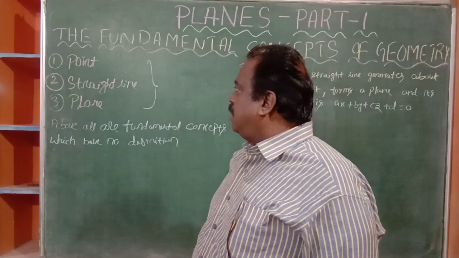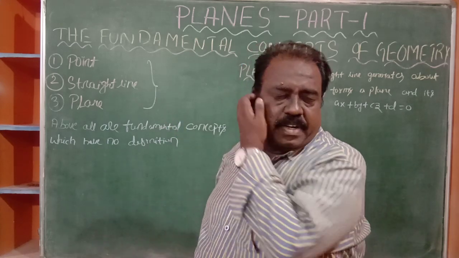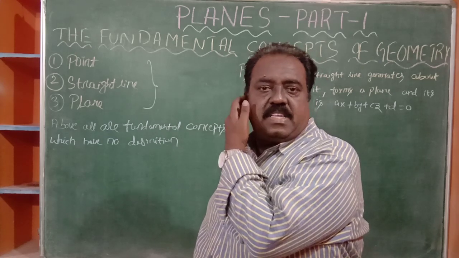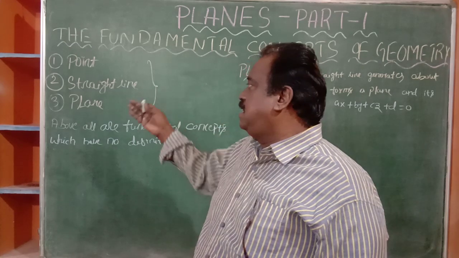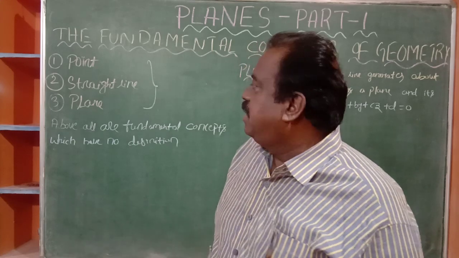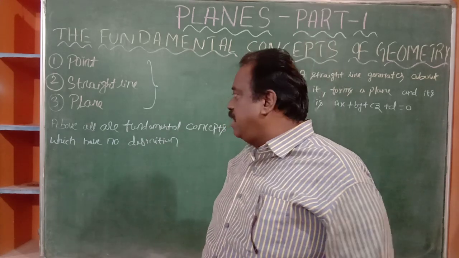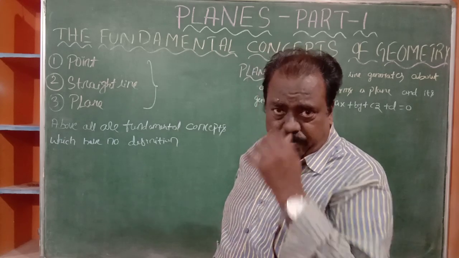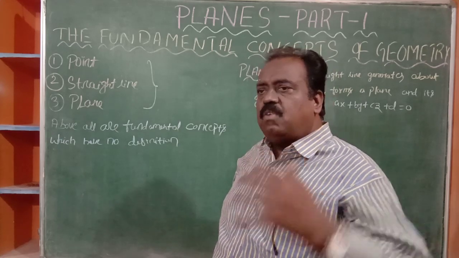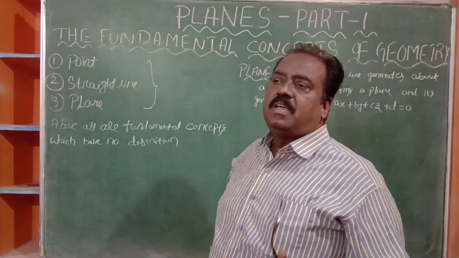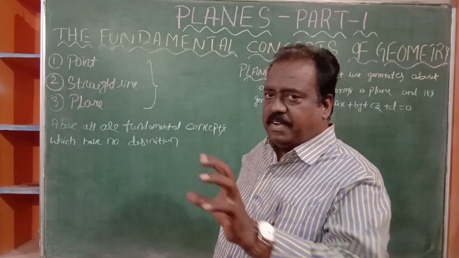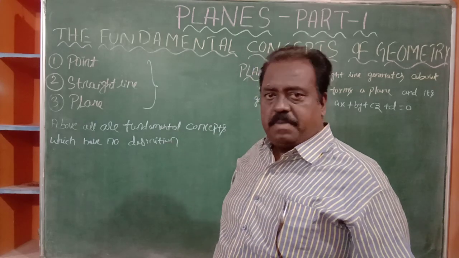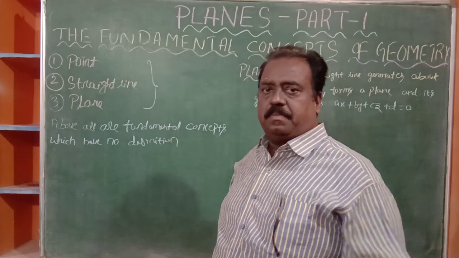These three do not have perfect definitions. Mathematicians consider these three very fundamental concepts. Fundamental concepts means there is no definition. We may give somewhat of a definition for the point, the straight line, the plane, but mathematically it is not possible.